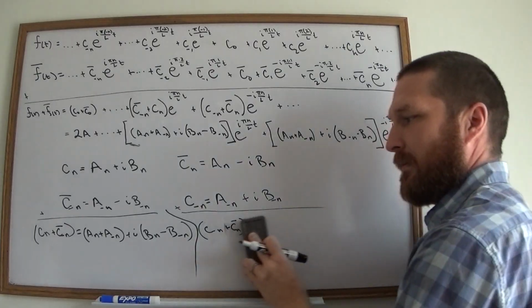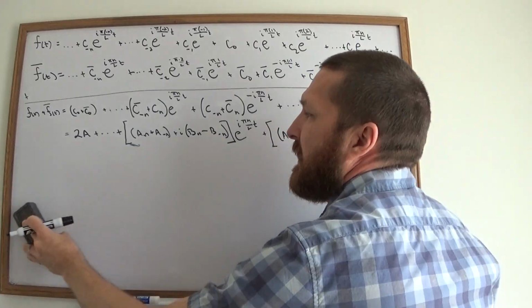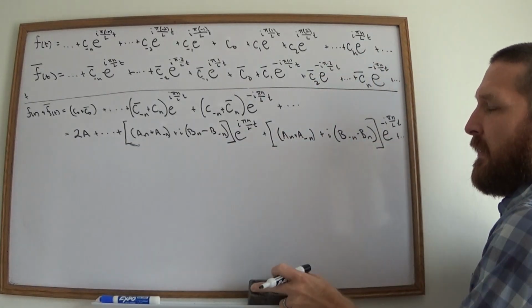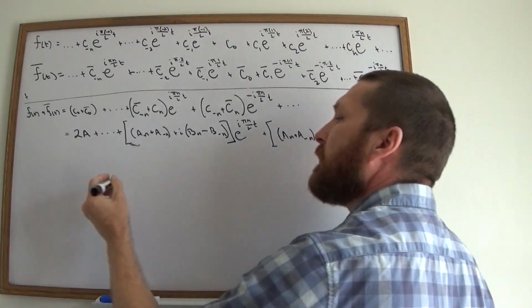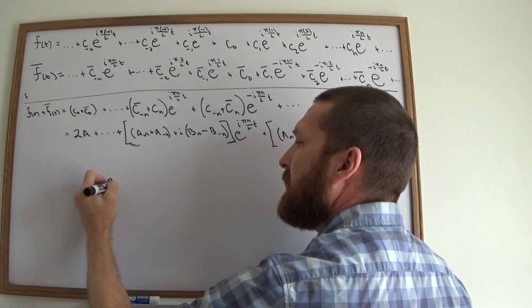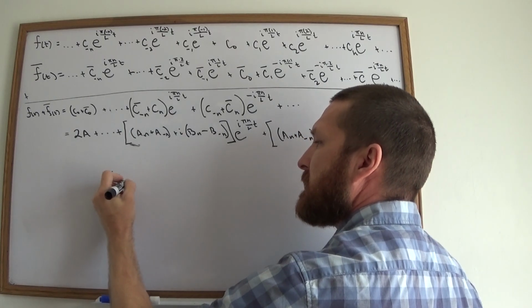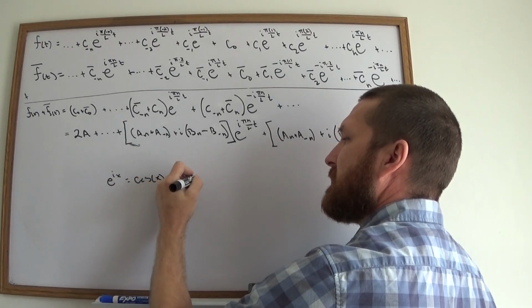Okay, we're almost there. Let's recall one nifty fact. e to the i x is cosine x plus i sine x.